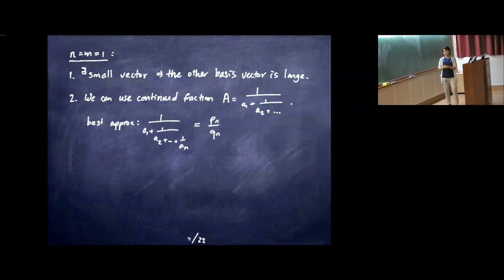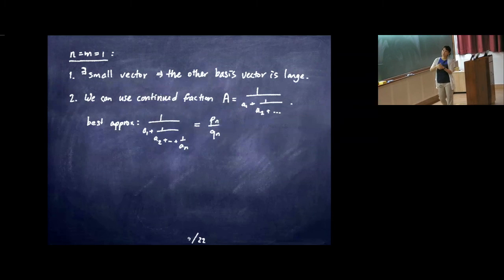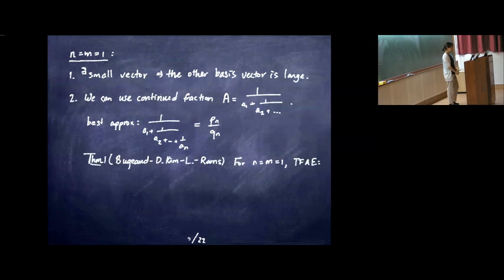The principal convergents, which are the partial sums up to 1 over a_n, let's call them p_n over q_n. And then with Bugeaud, Dong Han Kim, and Michał Rams, we could show that the following are equivalent.